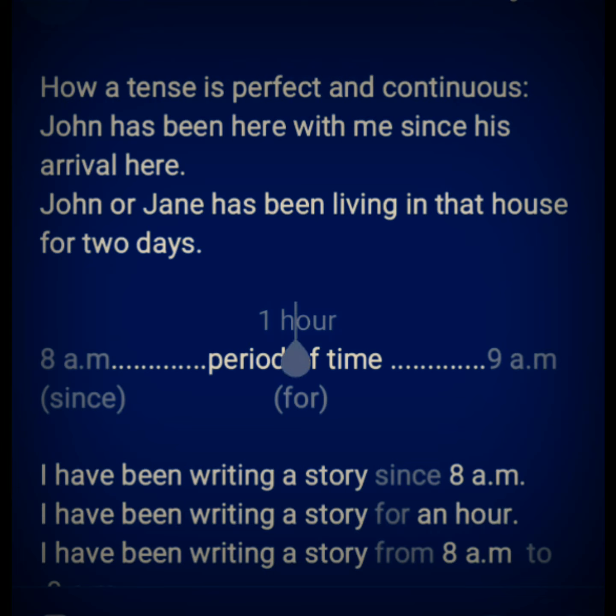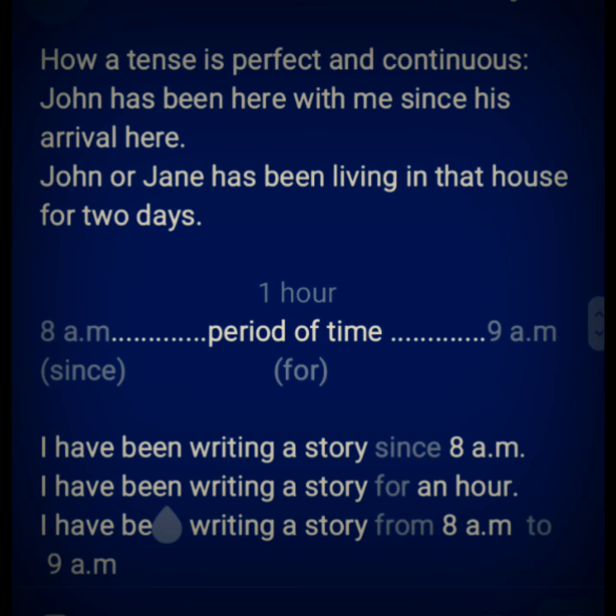When I mention a period of time, that is 1 hour from 8 to 9, I have to use the preposition for. As I have done in the second sentence, I have been writing a story for an hour. An hour is the period of time.